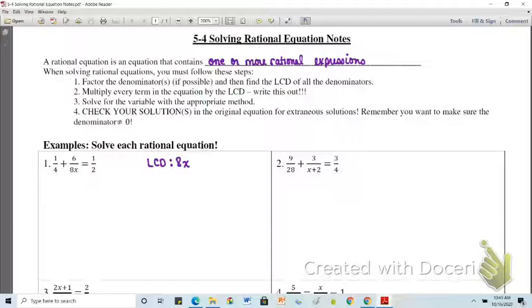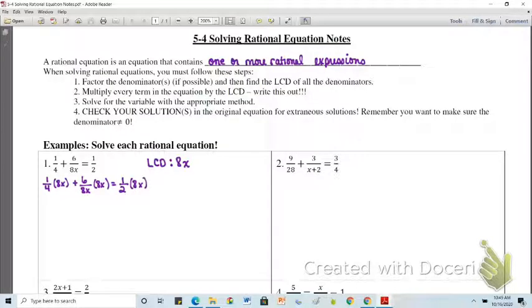The first step, I'm going to rewrite the problem, but I'm going to multiply each term by 8x. So this is what it looks like. 1/4 times 8x plus 6 over 8x times 8x equals 1/2 times 8x.